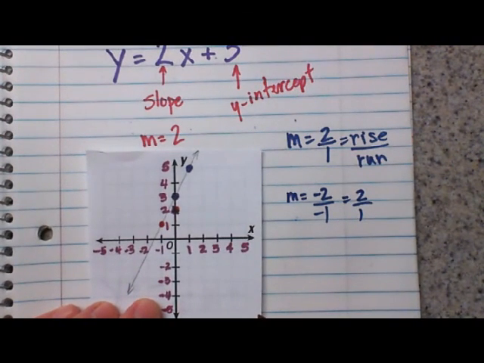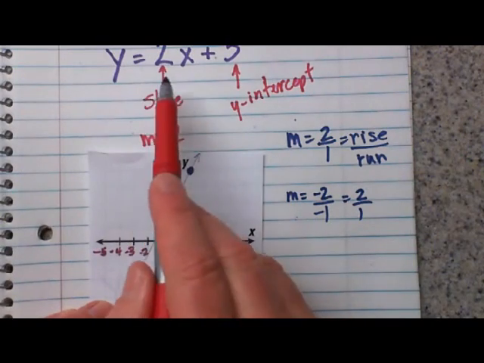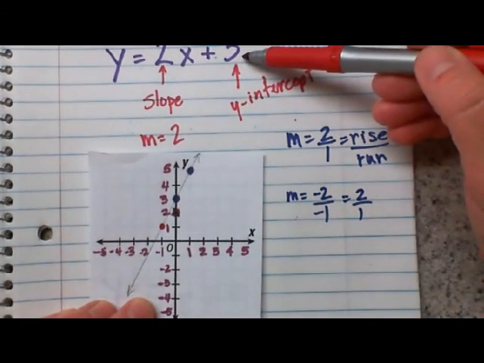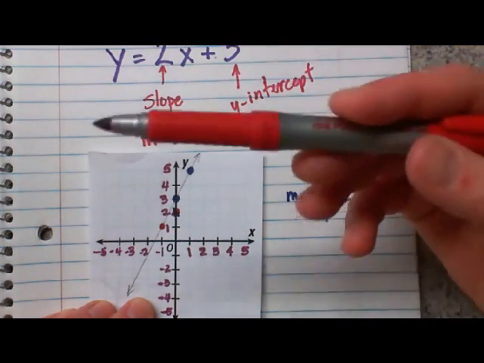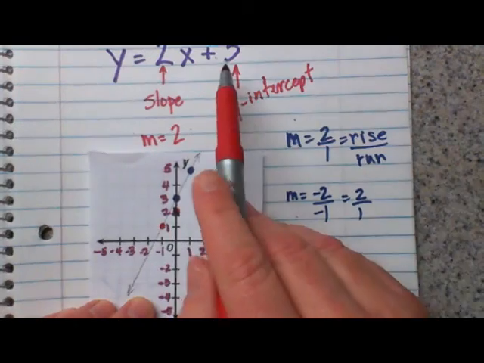So that works out, right? Yep. All right. So the slope is 2 because it's the coefficient of the x. The y-intercept is 3 because it crosses the y-axis, and because that's whatever is added in the slope-intercept form of a line.